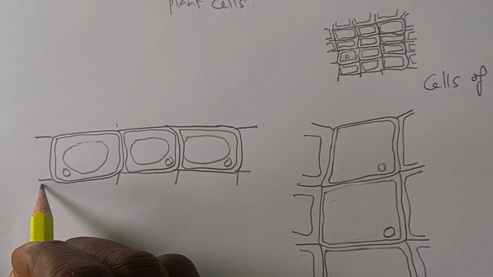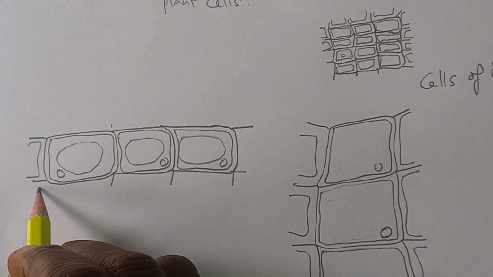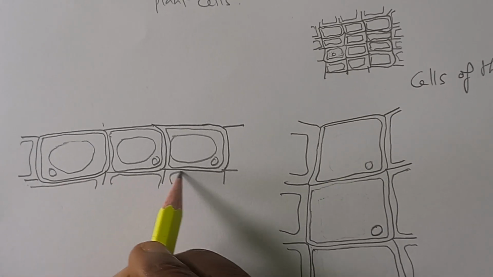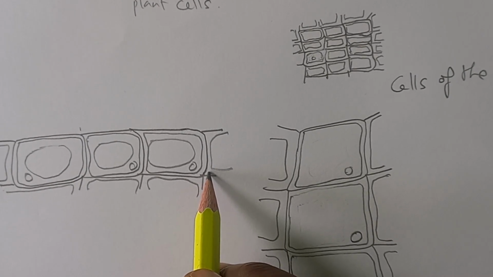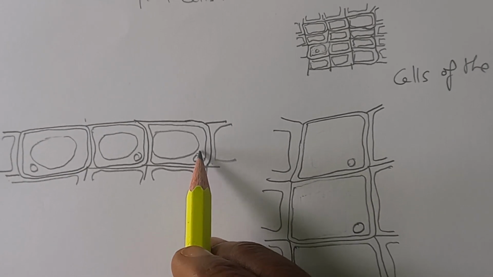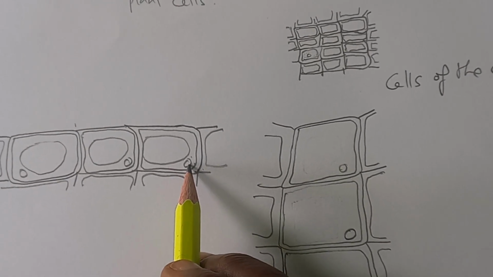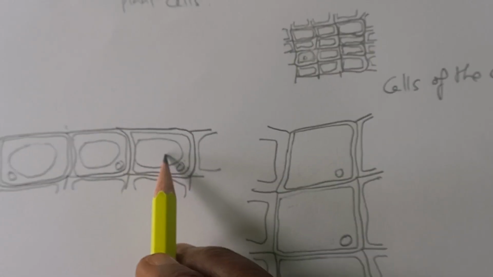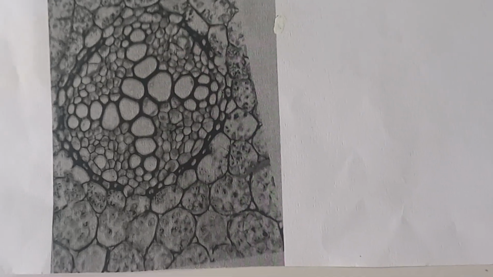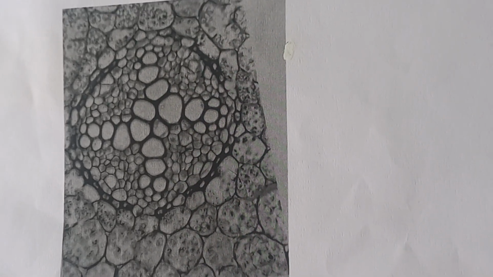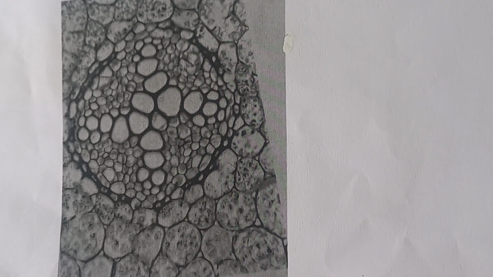Nothing should be shaded in here. There's no shading. So we have the cell wall, we have the cell membrane, we have cytoplasm, we have nucleus, we have vacuole.